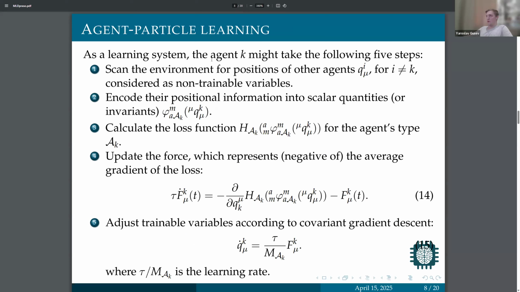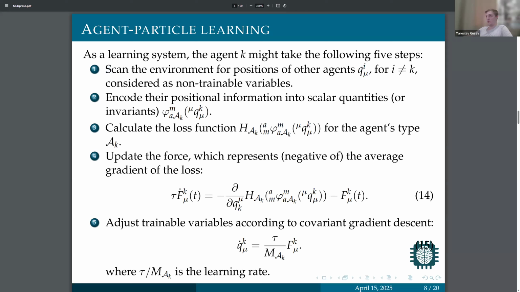So you may think of a particle k as an agent, as a learning system, essentially, that performs the following steps. First, it scans the positions of other particles, other agents.